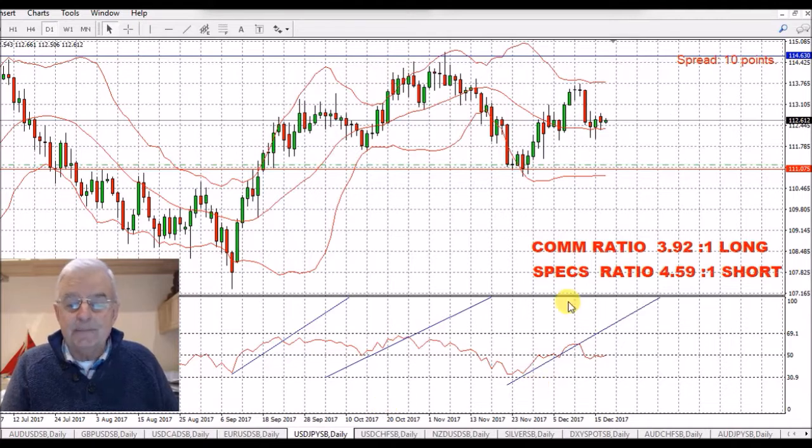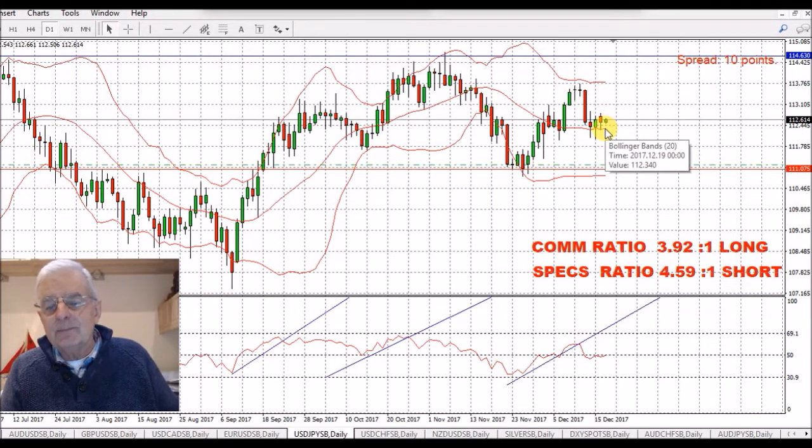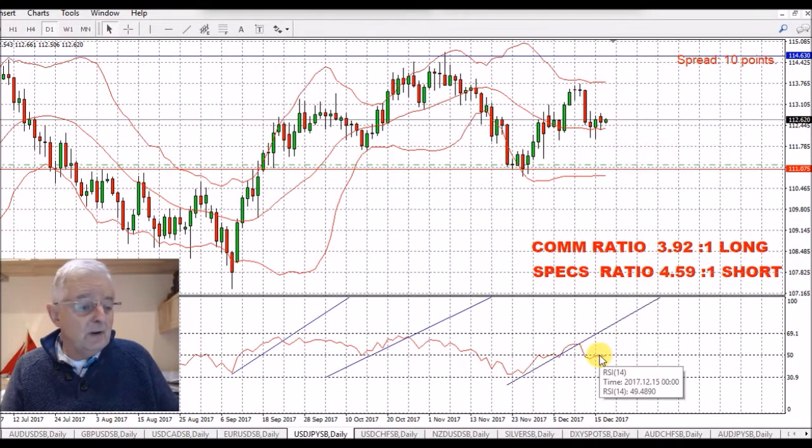USD Japanese yen. We have a commercials long ratio of 3.92 to 1. That's for the Japanese yen, so short this pair. We've been up to the top Bollinger Band, and we're down now just above the 20-day moving average. But we are below the 50 on the RSI.